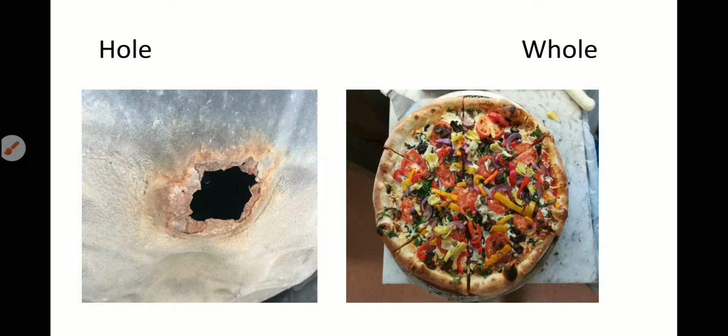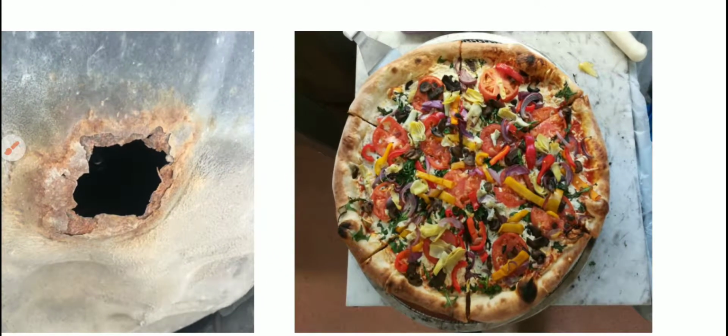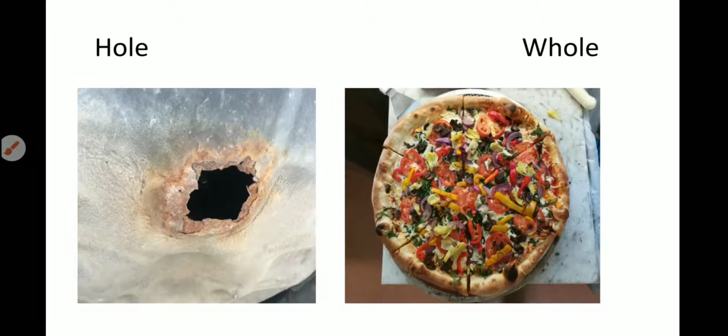Let's look at the next picture by the side. This pizza looks so tasty, but it's the whole thing. The second whole is spelled W-H-O-L-E and means complete, full, complete. Okay?